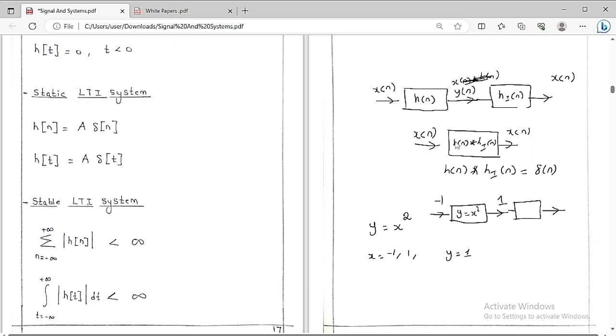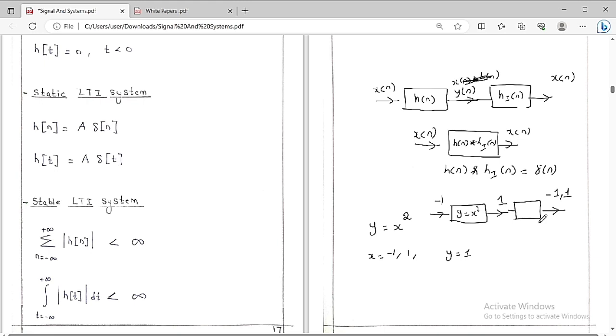So the output can be either minus 1 or 1. Definitely it is a non-invertible system, because for every unique input there should be a unique output. Similarly, for every unique output, there should be a unique input. So for -1 input we got the output 1, but if this is the inverse system, the output can be either -1 or +1, and we got only -1. Therefore, this is a non-invertible system.